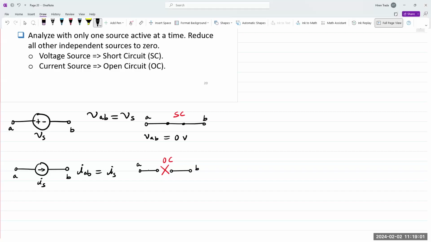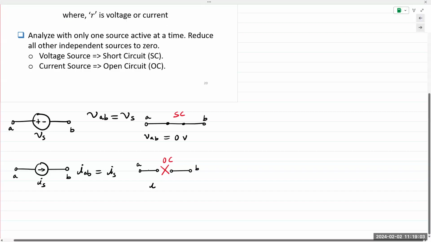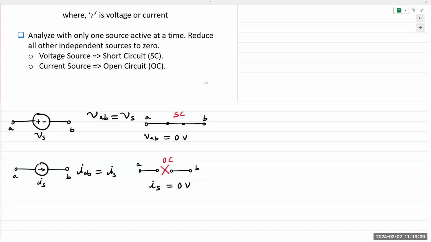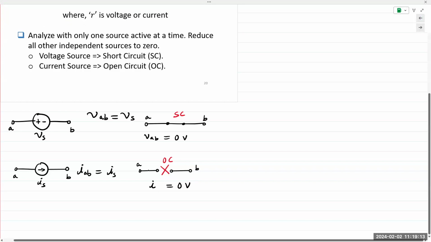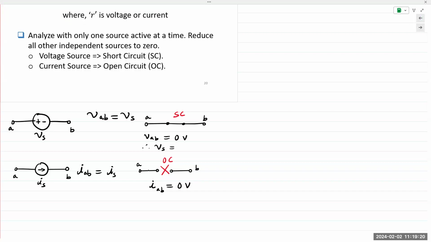And so that way, IS is equal to 0 amps because IAB is equal to 0 amps.